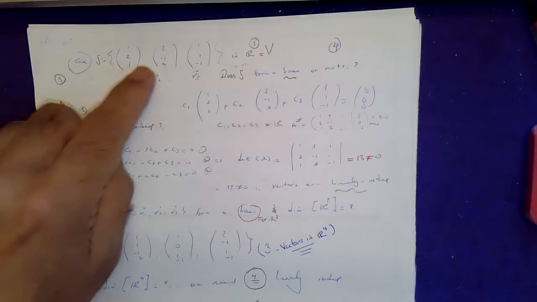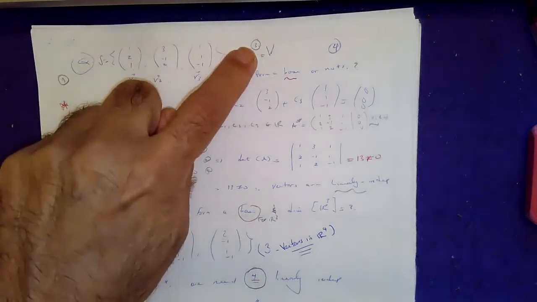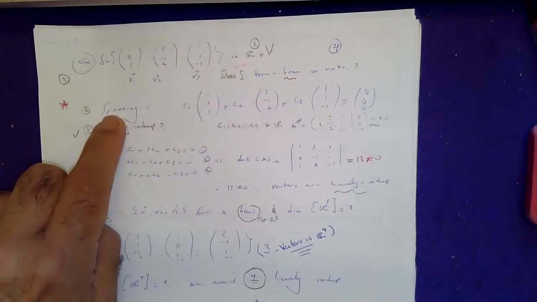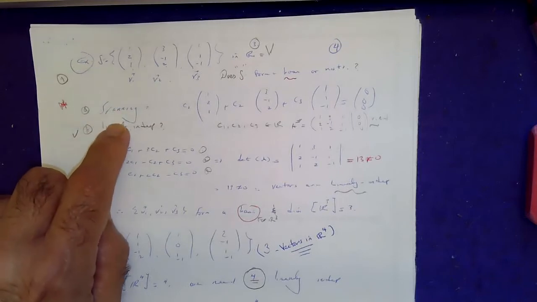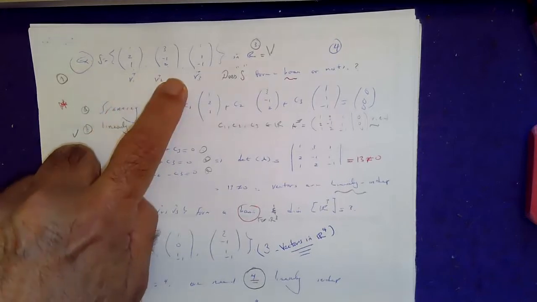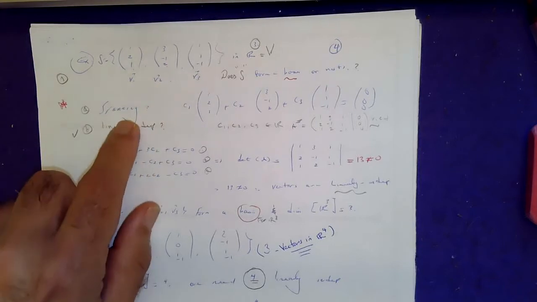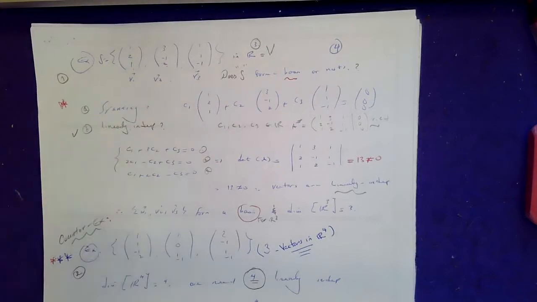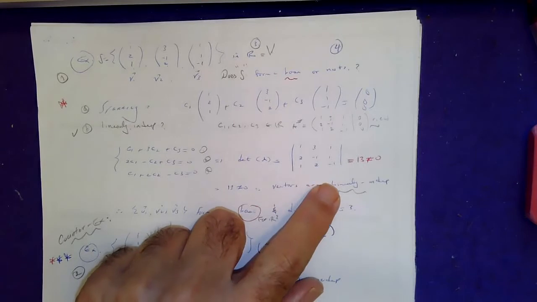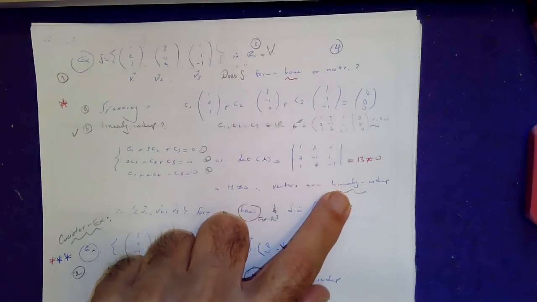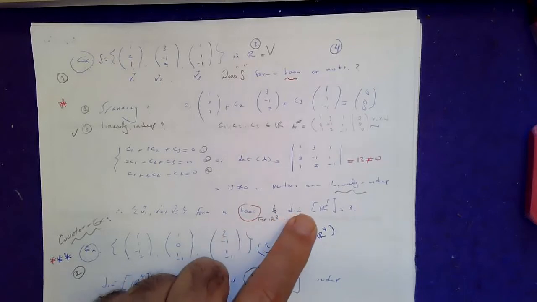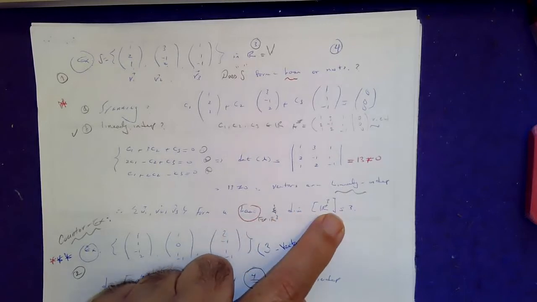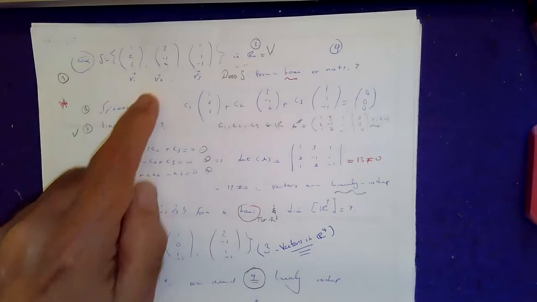So, because the number of vectors matches the dimension, either I have to verify spanning or linear independence to prove that these vectors form a basis or not. In this case, I chose linear independence, and I found out they are linearly independent. Therefore, these vectors form a basis, and the dimension of R3 is 3, which is the same as the dimension of the subspace.